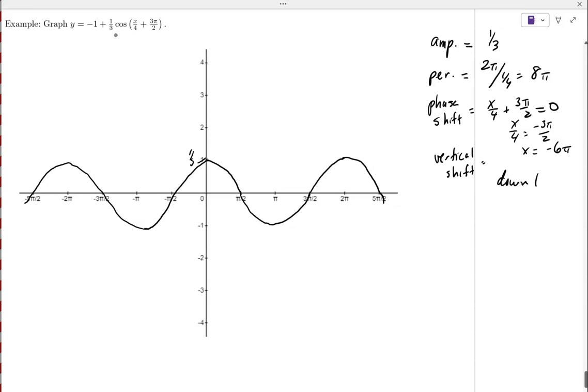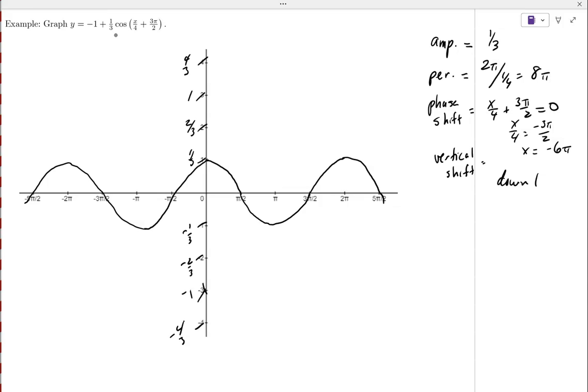So we'll have 1/3, 2/3, 3/3, which is 1, 4/3. And then the same thing down here. That 1/3, we're just multiplying everything by 1/3 on the y-axis.